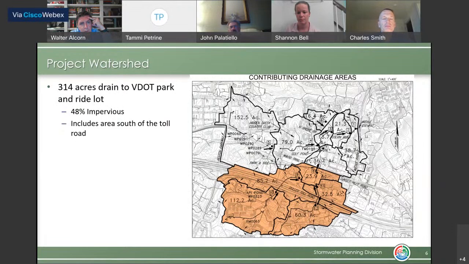Wow, that surprises me. I'm not challenging you, but that surprises me. There's a property right about where it says 36.7, and Walter, isn't that in for a land use change?